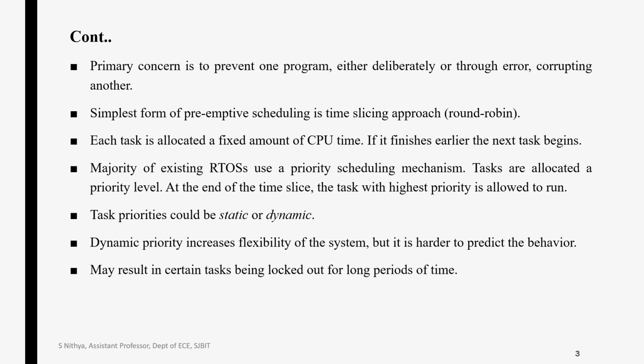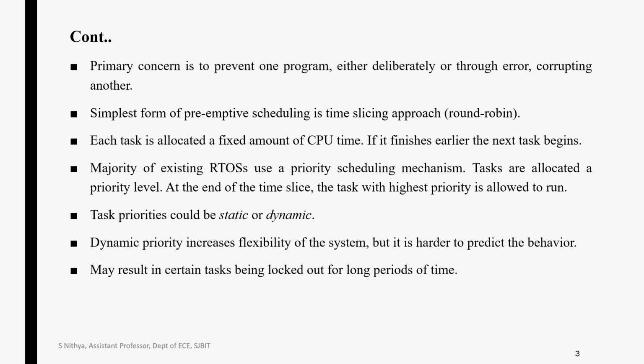Once the time is completed, the task will be removed and put back into the queue. So one of the simplest forms of preemptive scheduling is time slicing, also called round robin scheduling with a time slice. Each task is allocated a fixed amount of CPU time. If it finishes earlier, the next task begins.